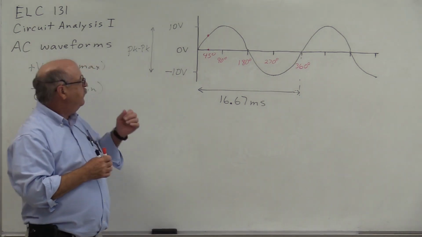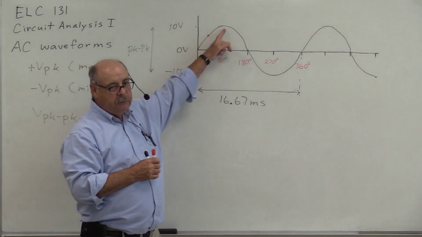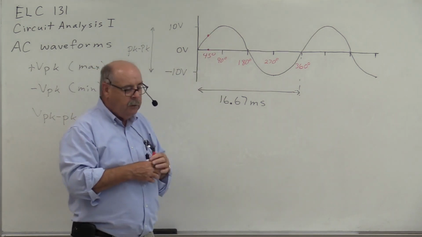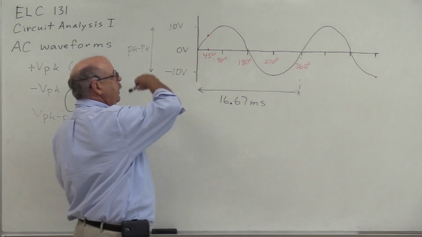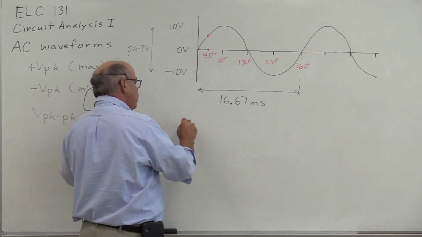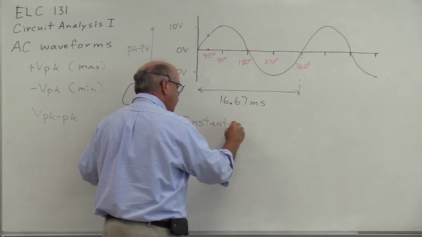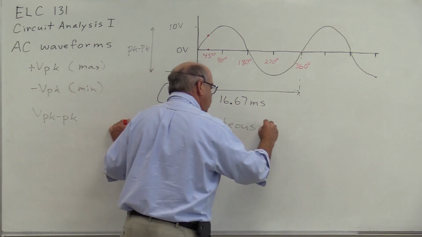So instead of thinking in terms of this waveform with regards to its maximum voltage or minimum voltage, we want to think about this waveform that's continuously changing with regards to an instantaneous value.